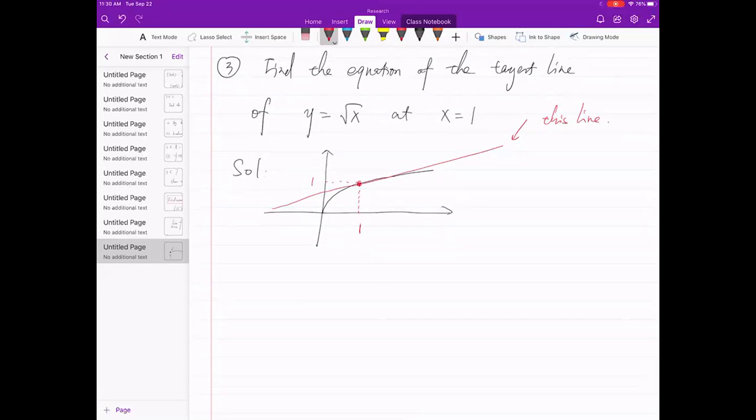All right. To find a line, what information do you need? You need a point, you need a slope, and that's it.